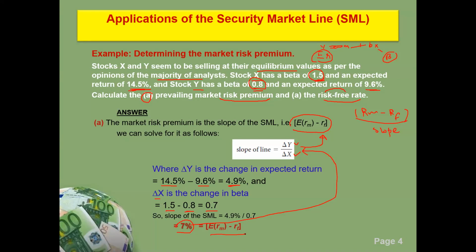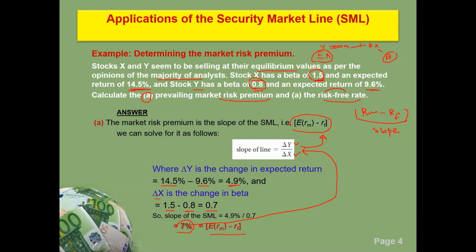Delta y is the change in expected return, and delta x is the change in betas.